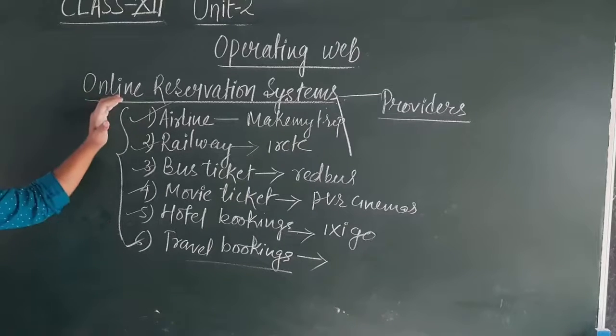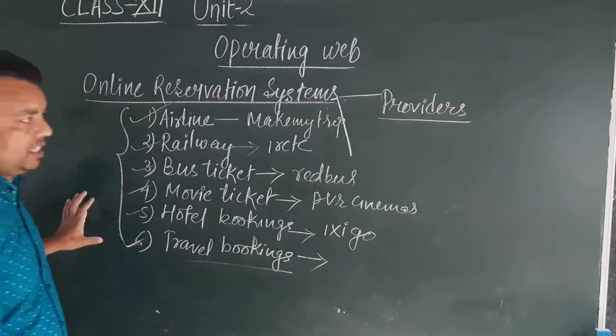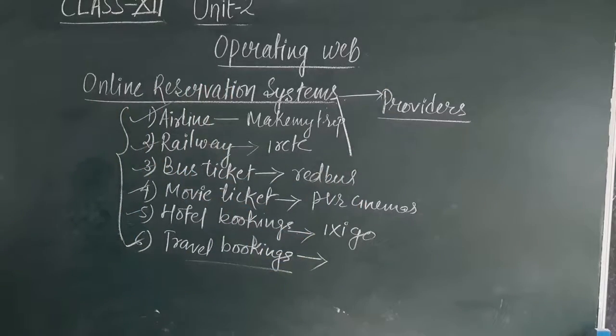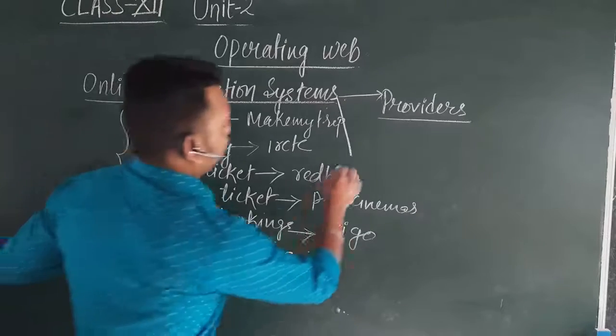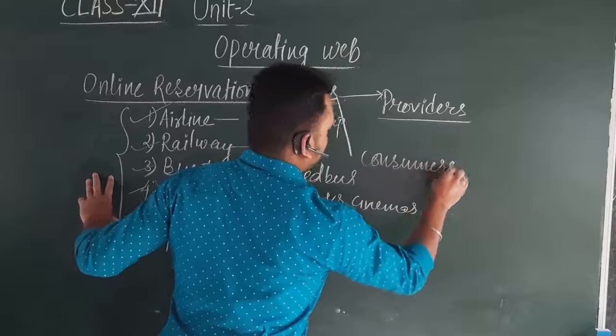Whenever we go ahead with online reservation system, there are lots of advantages. These advantages are meant both for providers as well as for consumers. So who are providers and who are consumers here?